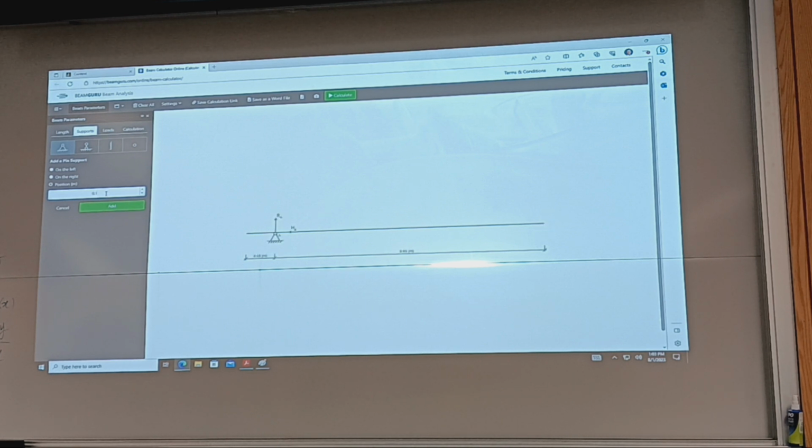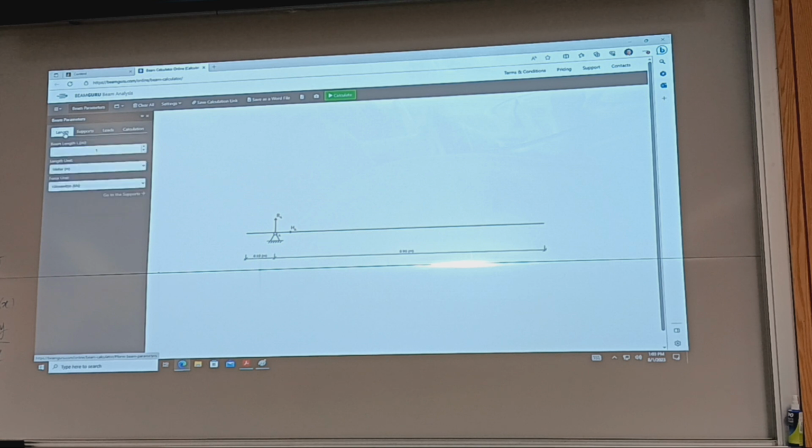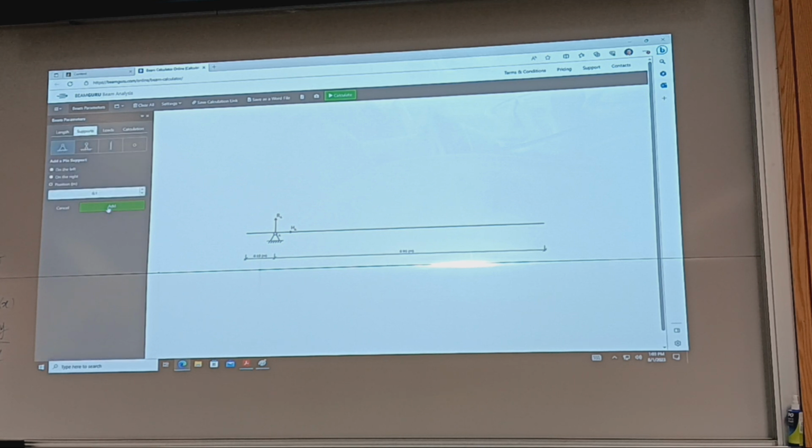What was the length? 1 meter. Okay, need to remember. And add. And then I have this other one, a sliding support. So this would be on the right or at a position, say 0.9 or 8.5, let's say.